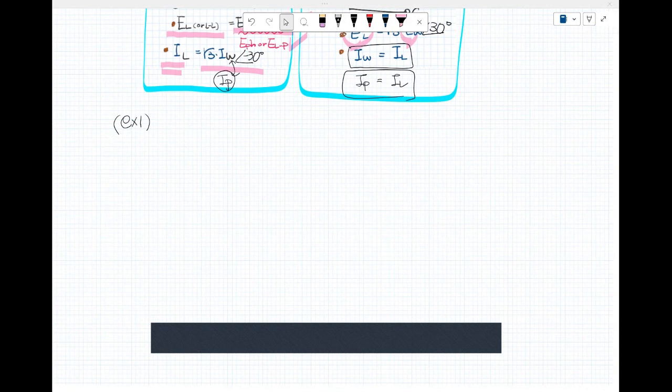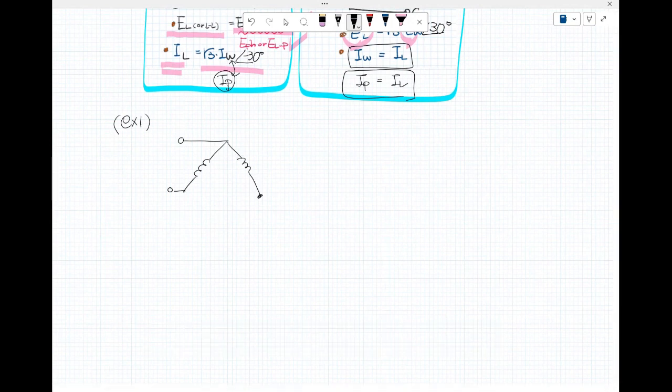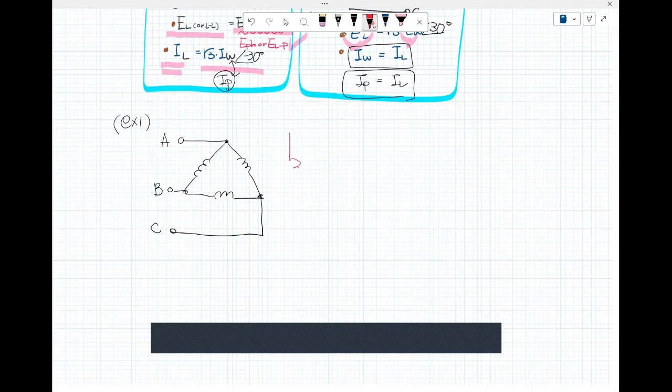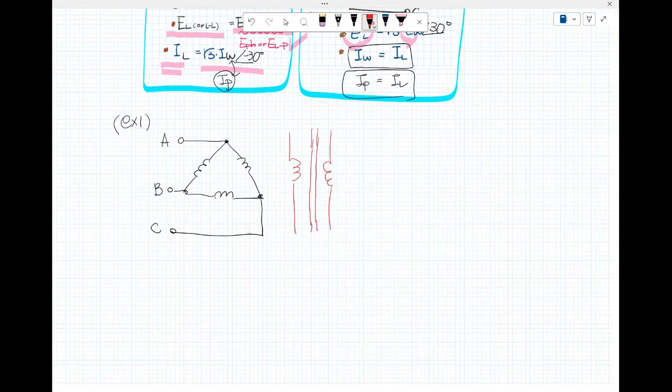So, delta. This is the winding inductor. This is A, B, C. This is my delta connection. This is answer 1 and answer 2.